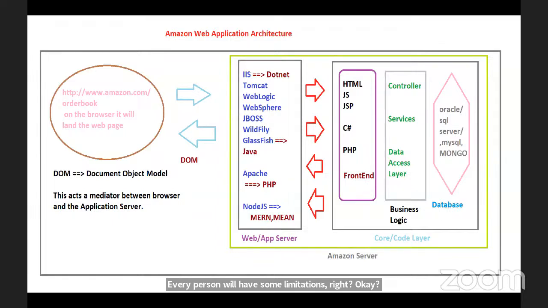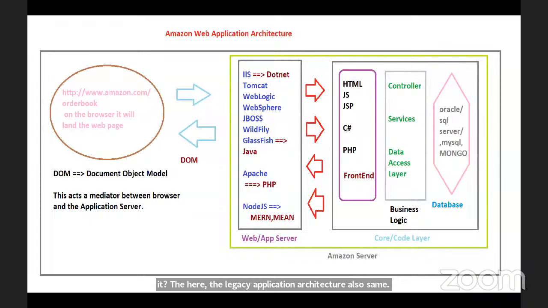For example, I am going to a hotel. I can take only 200 grams of rice, not more than that, right, guys? If they give me 500 grams of rice, can I take it? Same here. The legacy application architecture is also the same.